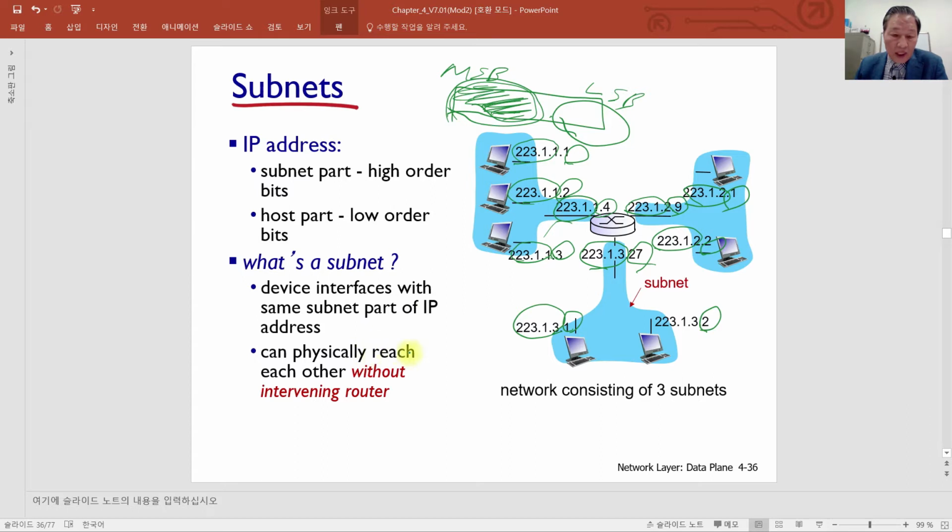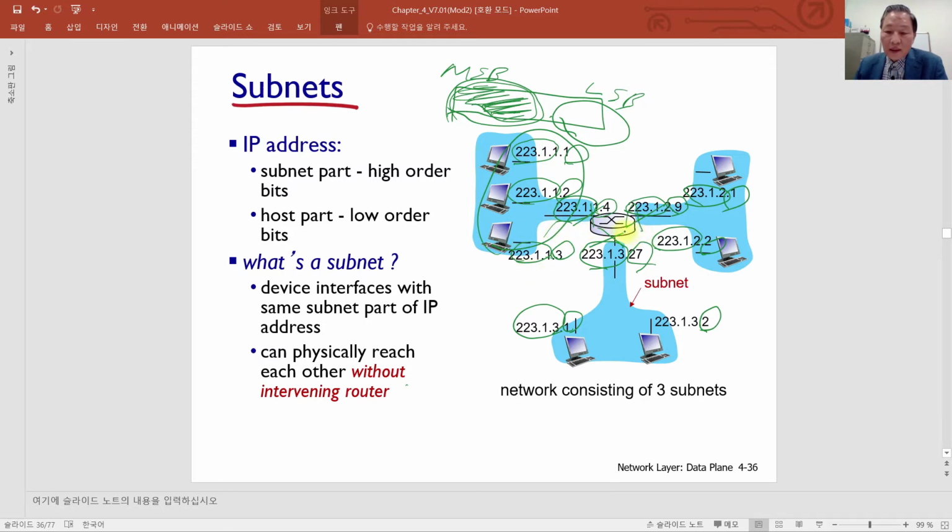These interfaces in a subnet can physically reach each other without an intervening router. Think about this one as a kind of bridge. Even though we are disconnecting this one, they can be interconnected and reach each other.